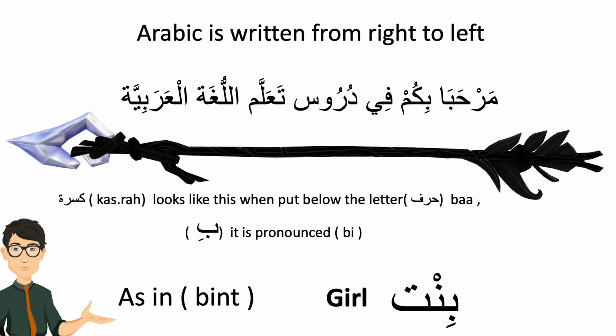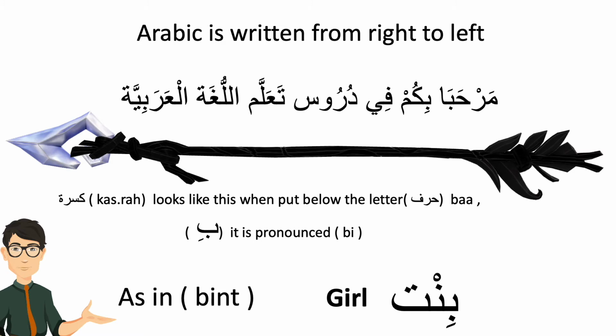So kasra looks like this when you put it below the letter ba. As another example, the word girl, which in Arabic is bint. Bint.